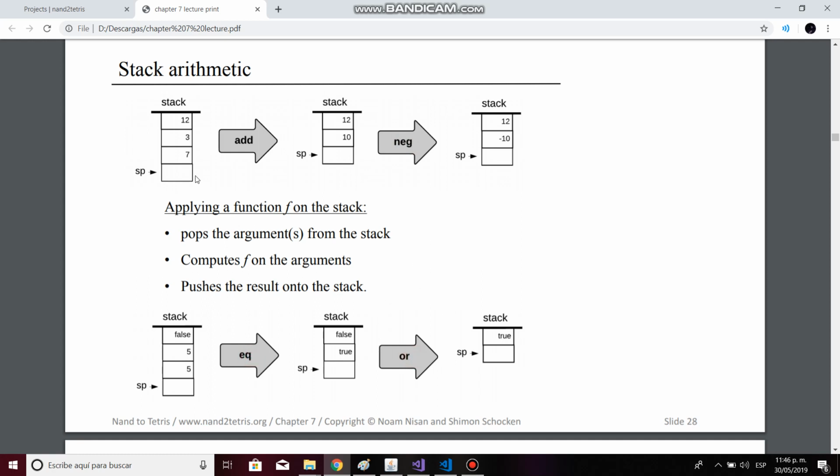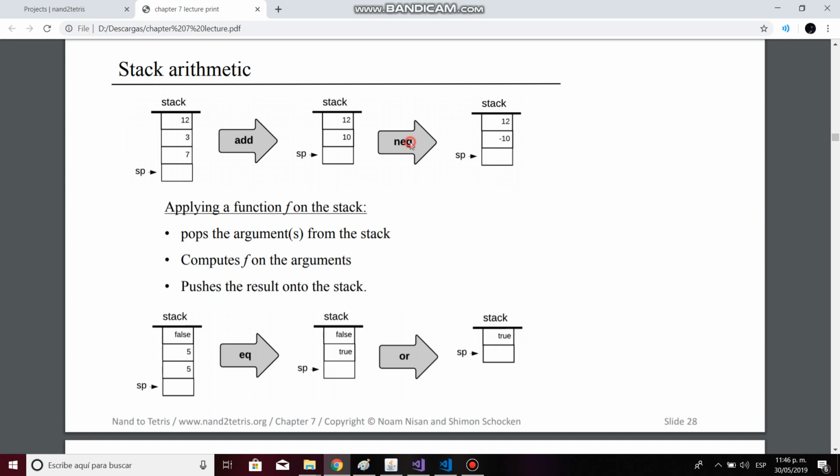What we're going to do is, we have the values, the arguments, in this stack, and when we do the function, it pops, it takes the arguments out of the stack, it computes the function. In this case it's an add, so it's going to add them, and then it pushes it back into the stack. So take out the arguments, do the operation, and then push it back to the stack.